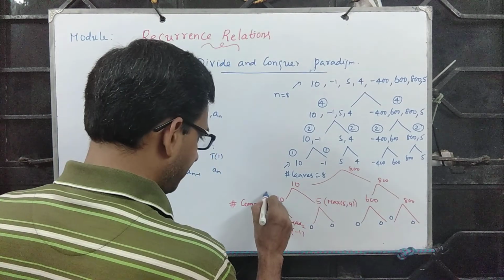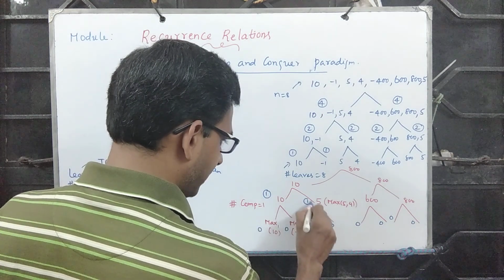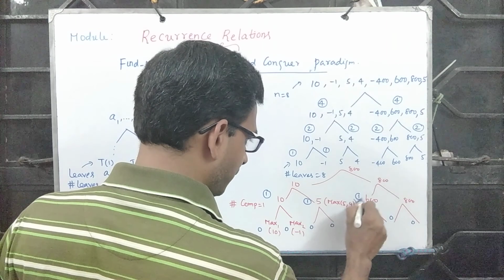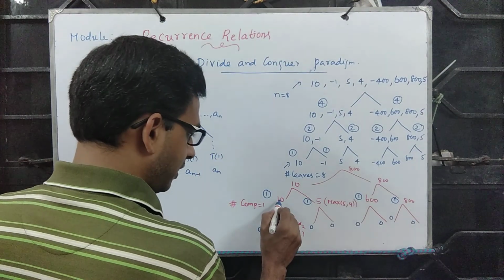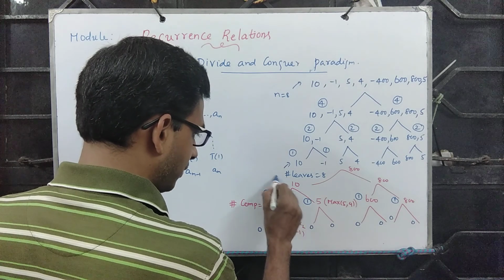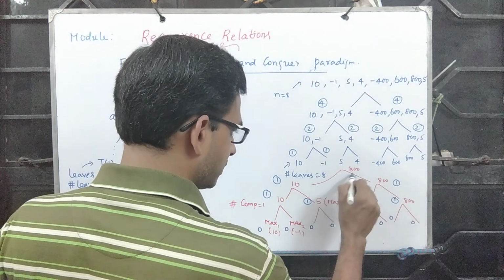Then I incur one comparison to get the max of these two, one comparison to get the max of these two, one to get the max of this, and so on. Again with these two, you incur one more comparison to get the max. Again with this, one more comparison.